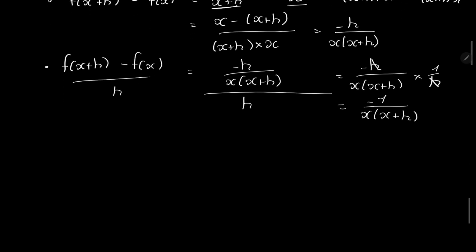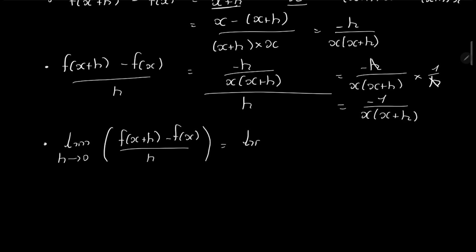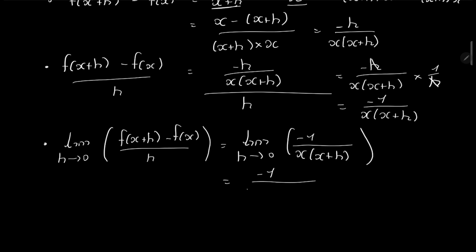Okay, let's go. So calculating the limit as h tends to 0 of this term is the same thing as the limit as h tends to 0 of negative 1 on x into x plus h, which is the same thing as negative 1 into x plus 0, which gives us negative 1 on x squared.